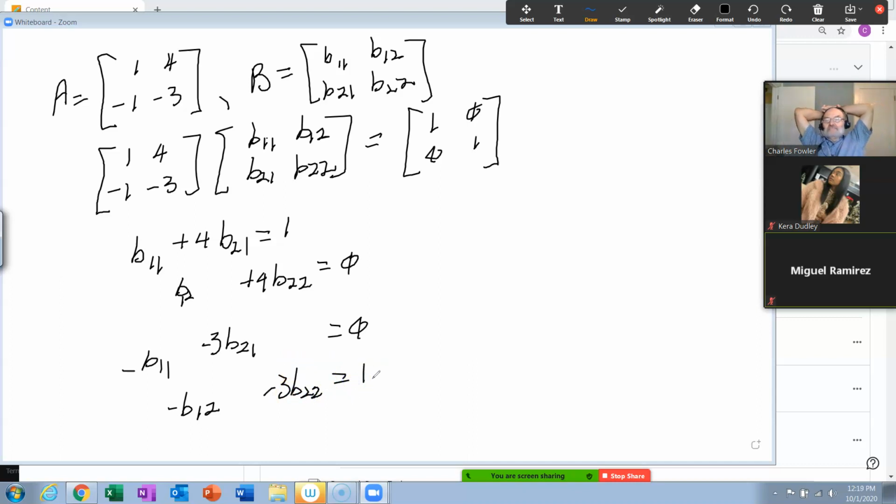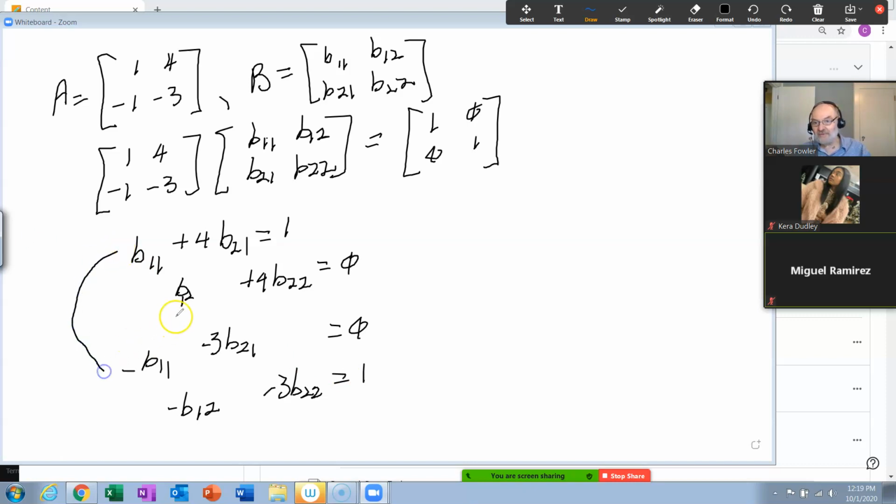Okay. Now, we have 4 equations, 4 unknowns. We could set it up and do a Gauss-Jordan or a Gaussian elimination. And I guess that's what they do, except we'll notice this.